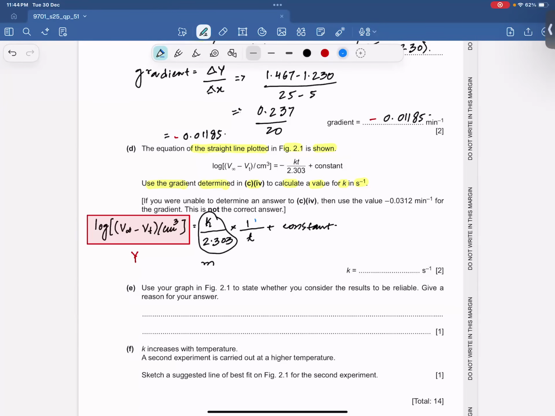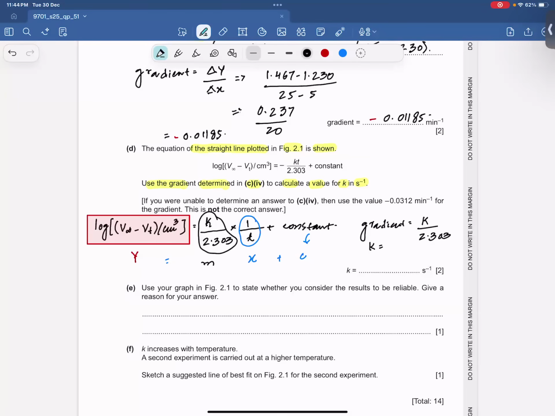This entire thing is basically the x-axis, and this is basically c. So it's basically y equals mx plus c. That's the linear law. And gradient is what? Gradient is technically k over 2.303. We need to find the value of k.